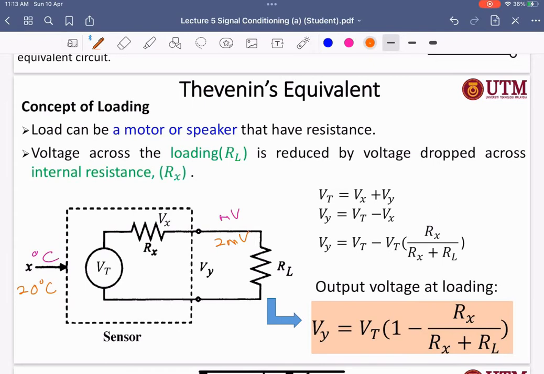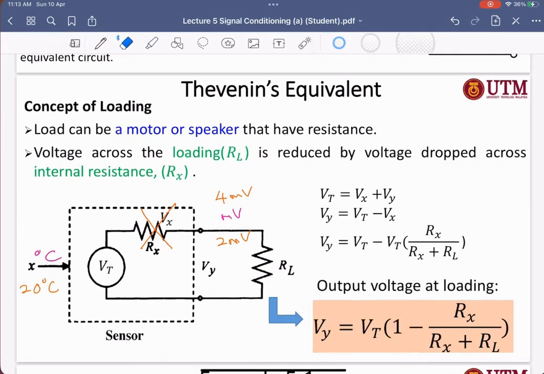When we ignore the internal resistance, maybe at that time we can get, sorry, not 1 millivolt, we can get 4 millivolts. That means your sensor is a perfect, ideal one. It doesn't have the internal circuit, but in practice it does have it, so we cannot ignore it.